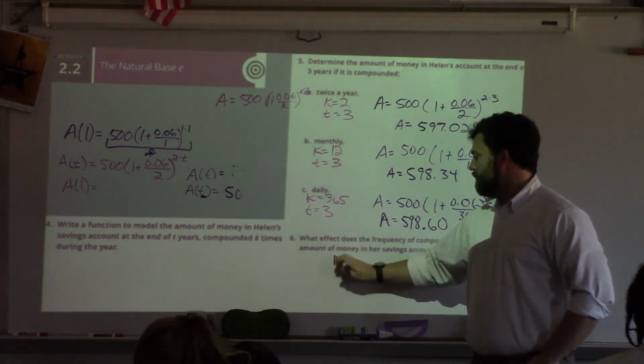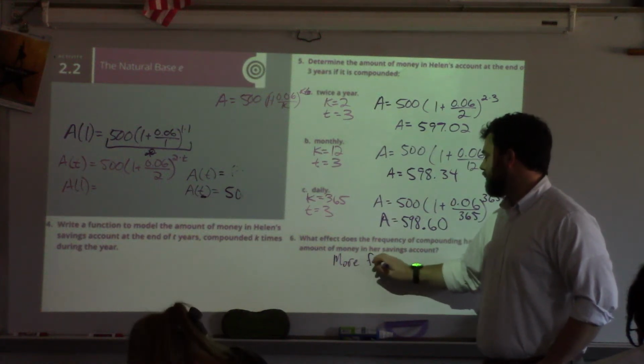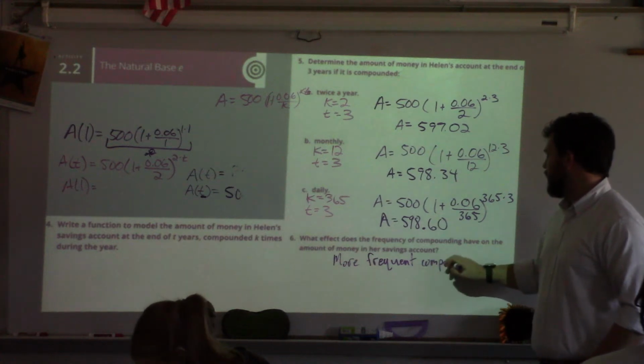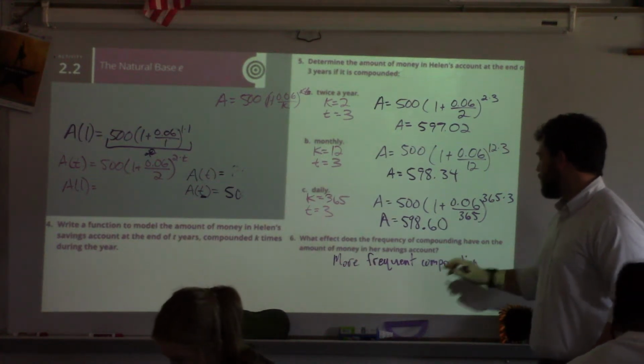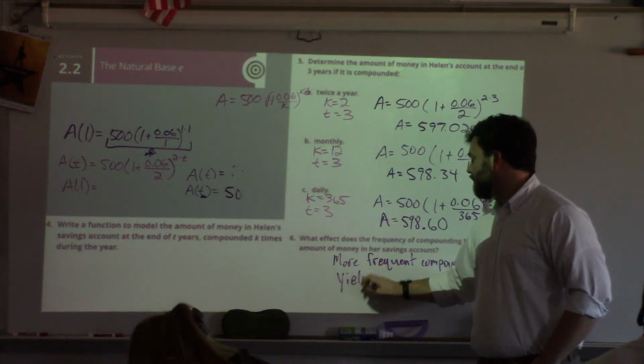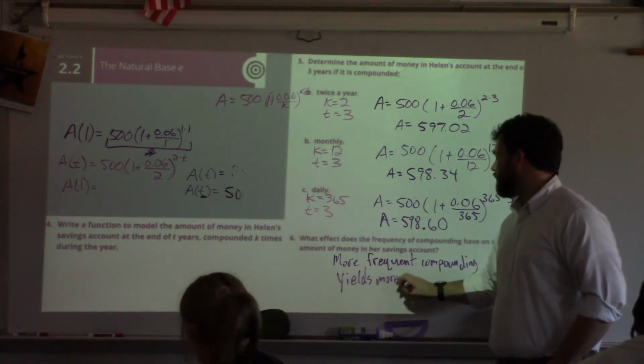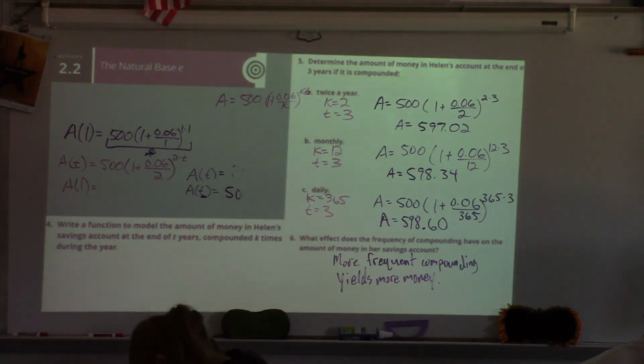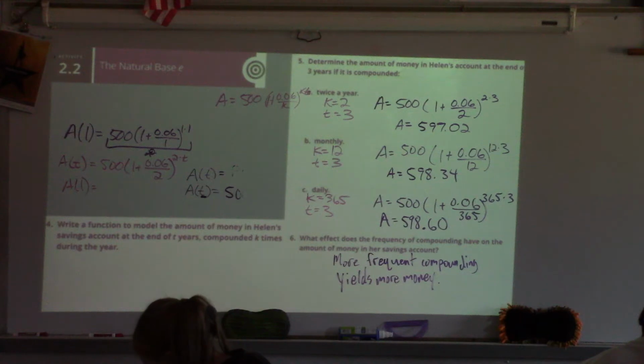Okay, more frequent compounding yields more money. As we said, it slows down the more we compound, like how much more it's getting, but the more frequent compounding yields more money. That's an important thing here. What we're about to look at is, what is the limiting factor?